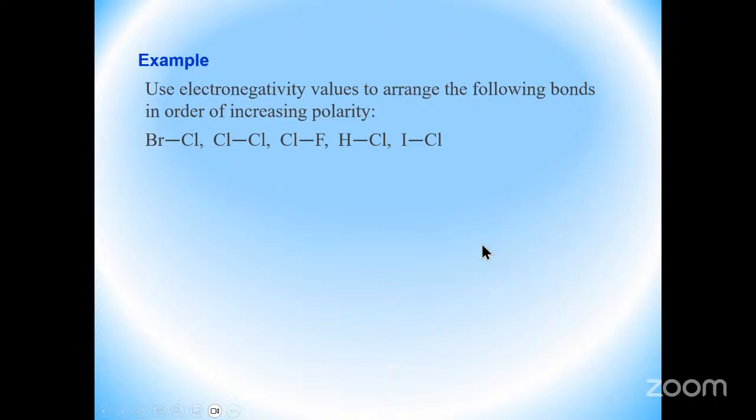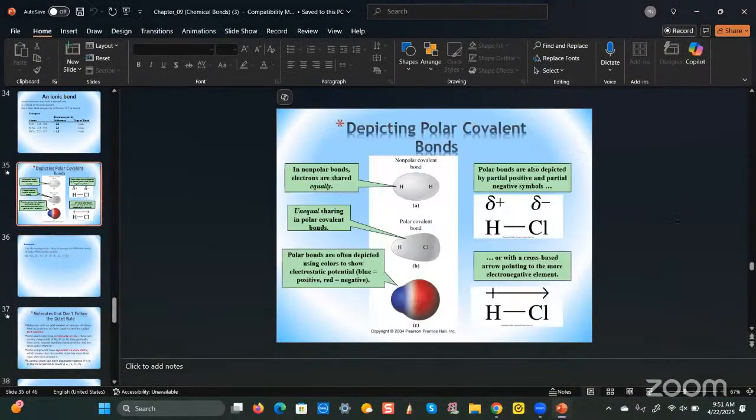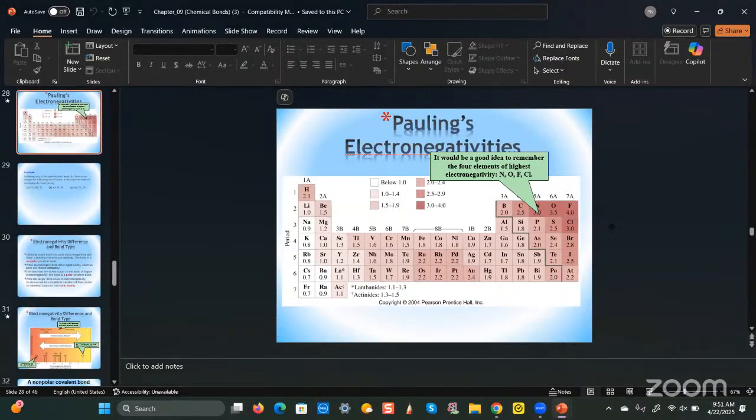This is the table we're gonna need. Let me see if this will work.